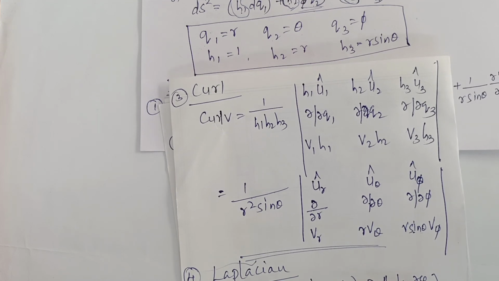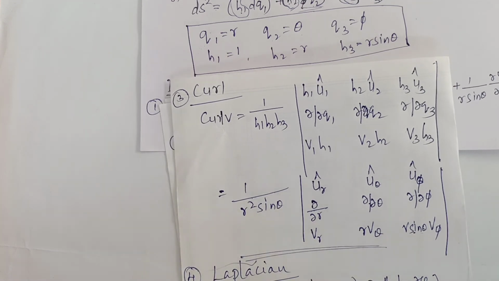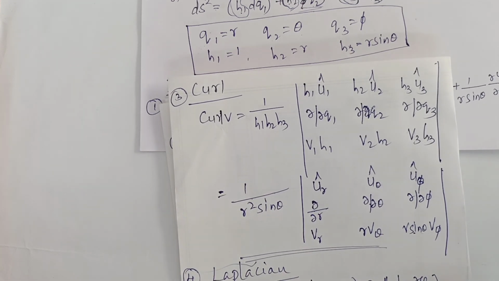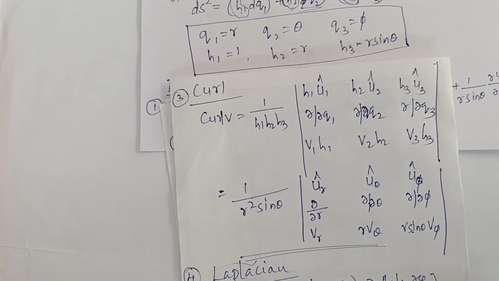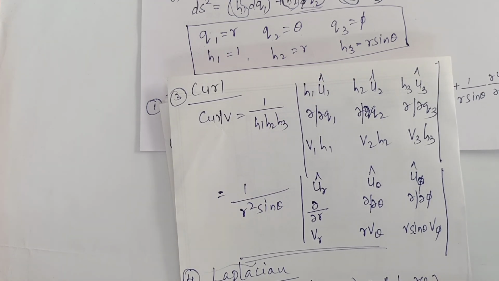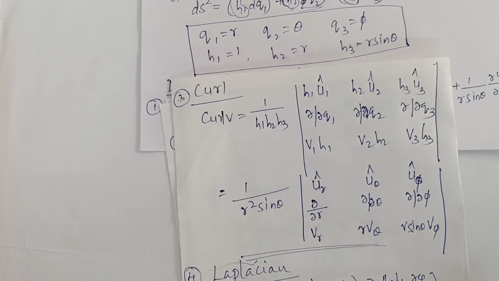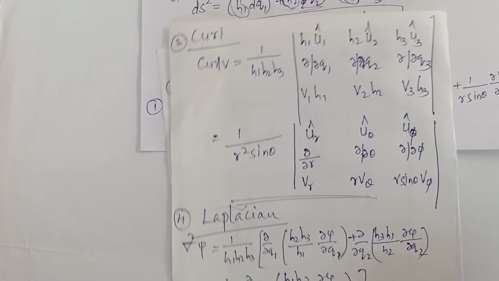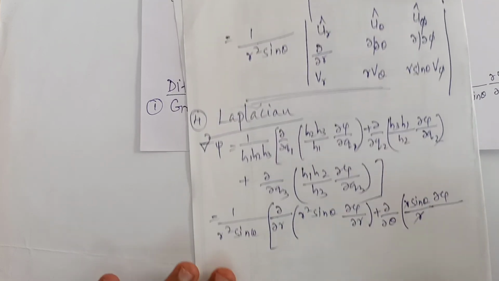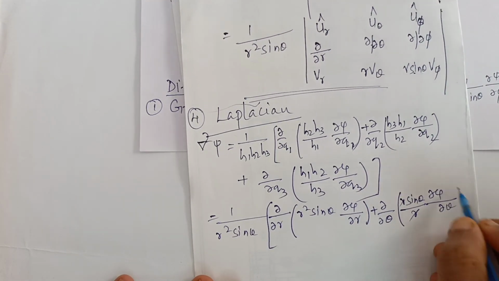Now dou psi by dou R, as Q1 is R, plus Q2 is theta. H3 is R sin theta and H2 is R, so R and R get cancelled and you get only sin theta into dou psi by dou Q2. What is dou Q2? Dou Q2 means dou theta, right?